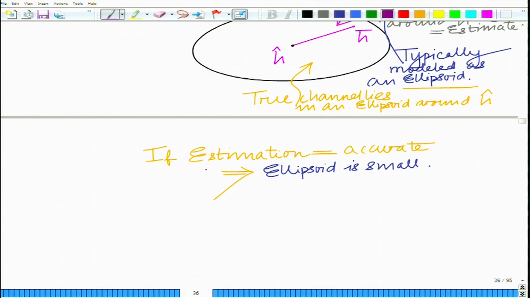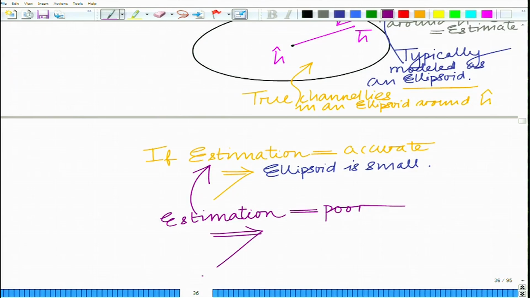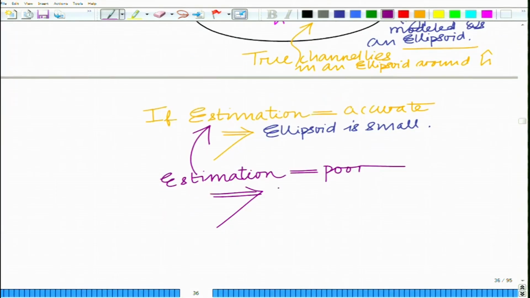On the other hand, poor estimation implies the ellipsoid is large.